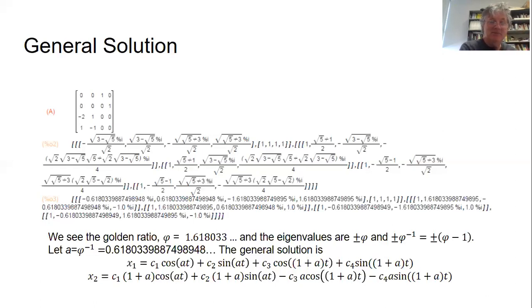Okay, so if you remember the golden ratio, 1 minus the golden ratio is actually the inverse of the golden ratio. So I just let A be the inverse of the golden ratio, that 0.6180339, blah, blah, blah. And we can just read this off the general solution, right?